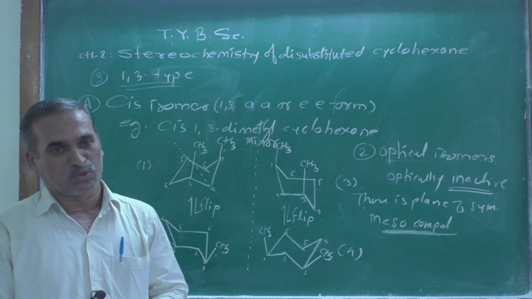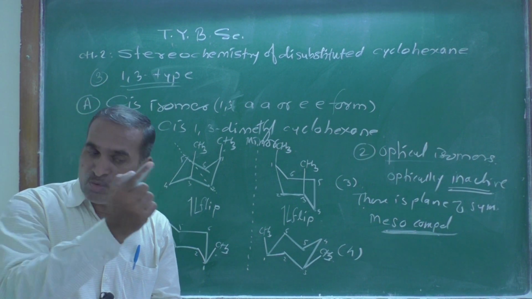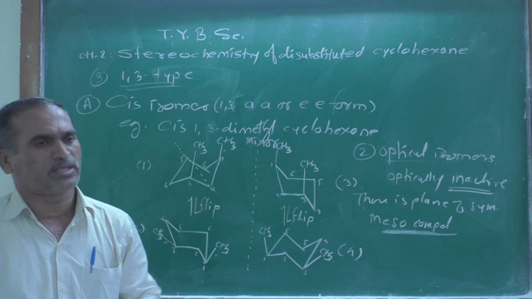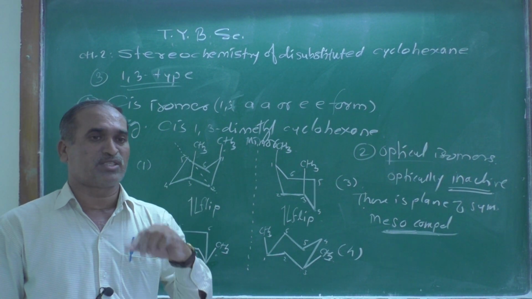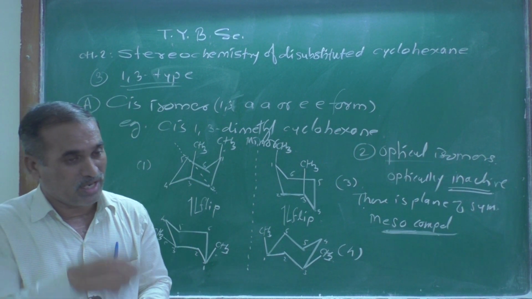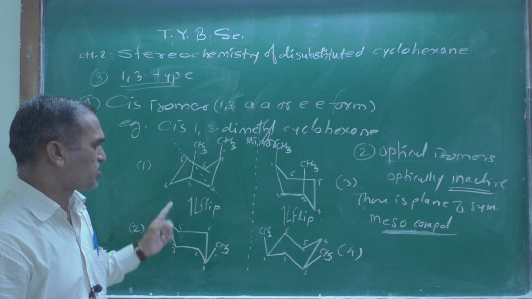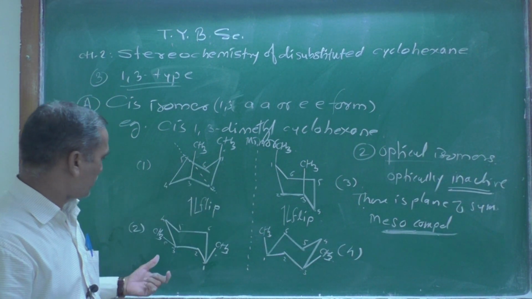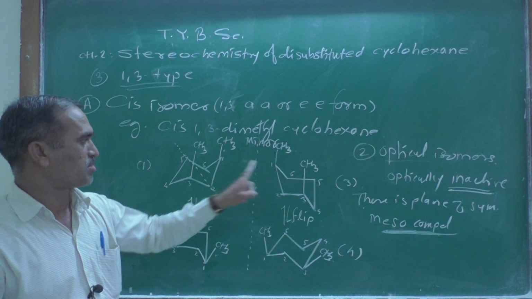One more question may appear in your question number 4: cis-1,3-dimethylcyclohexane is optically inactive. Why? While answering that question, you just draw any one of the structures, either this, this, this, or this.